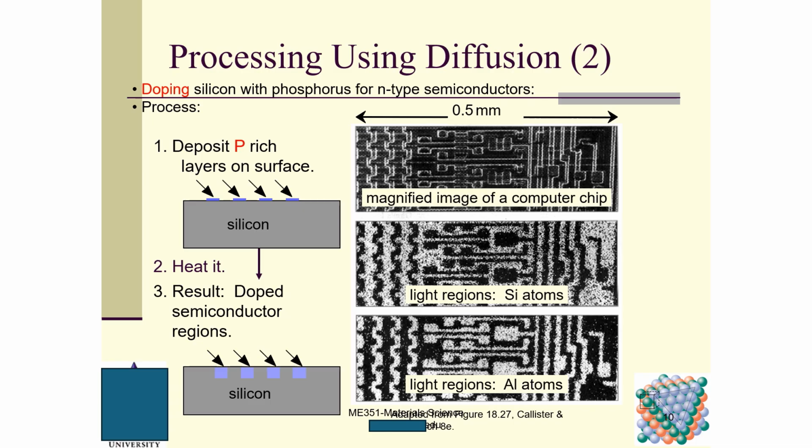Silicon is a semiconductor, and phosphorus is another material that can be doped into the silicon to get the semiconductor. Please note that silicon itself is useless. It must be doped by either using phosphorus to get N-type semiconductors or by using borax to get P-type semiconductors.